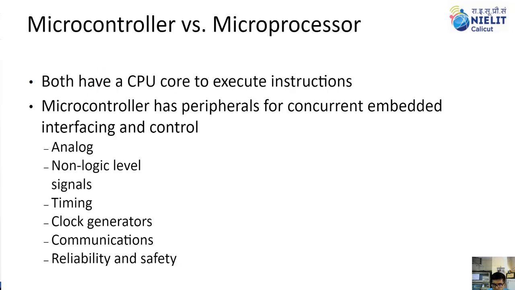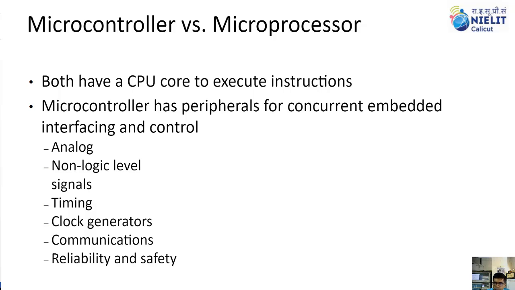Now coming to embedded systems, in modern embedded systems microprocessors and microcontrollers are generally used, but in many applications we can see microcontrollers. If you compare both, the microcontroller and the microprocessor both have a CPU to execute instructions.